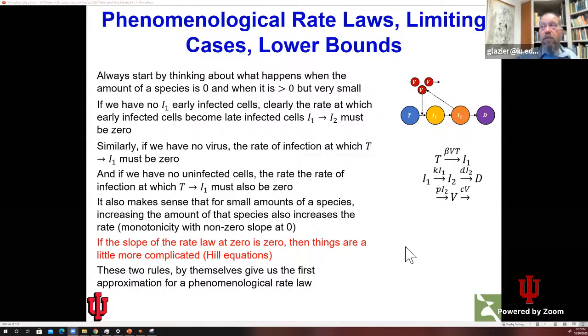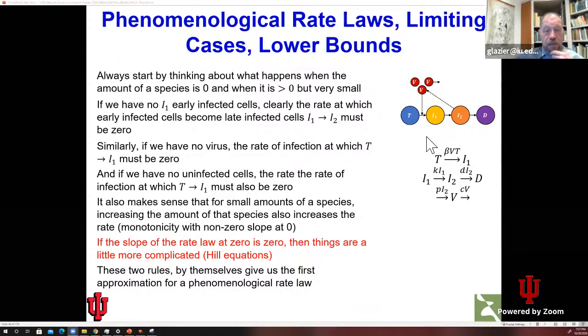The other thing we have to think about, and this could be true also in our model here, in our diagram where we haven't labeled the rates, is some basic things which are in chemistry typically called mass action. So if we have these susceptible cells becoming I1 cells, and there's no virus in the environment, we can't have any infection at all.